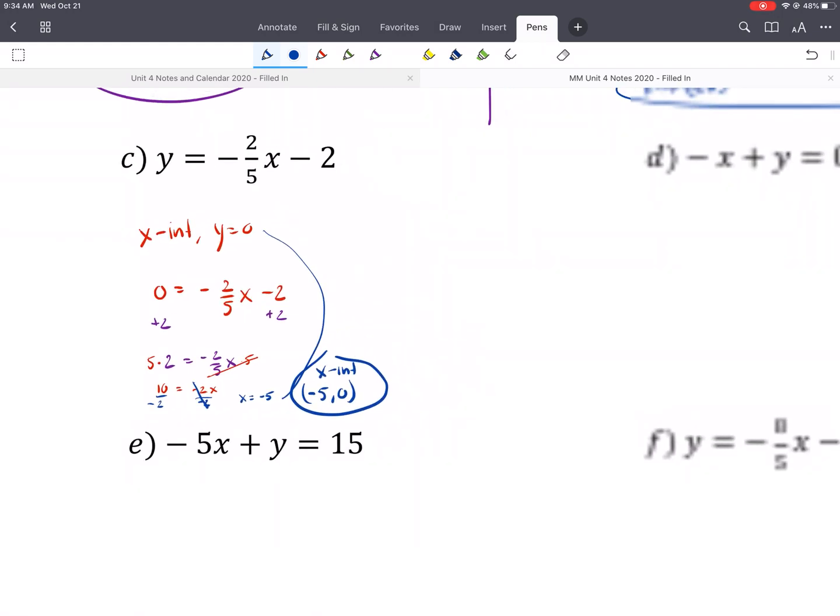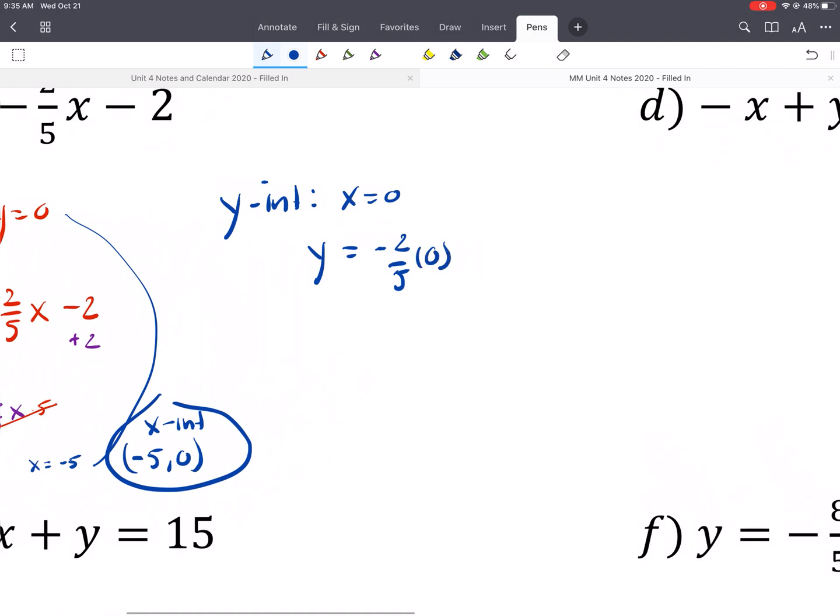All right? And then, let's see. If we want to find the y-intercept, this is already in slope-intercept form, so it's kind of nice. We know that x has got to be 0. So we'd have y equals -2/5 times 0 minus 2. And this is just 0.